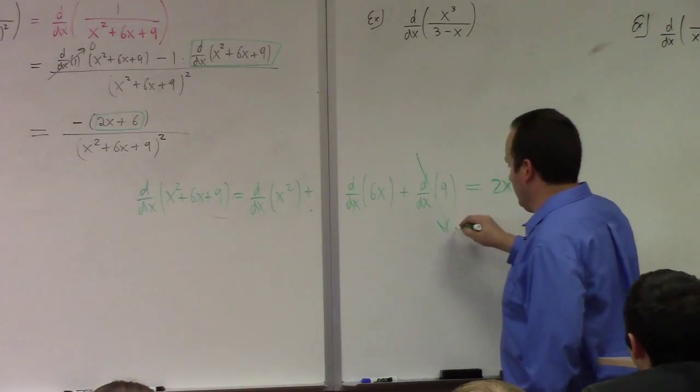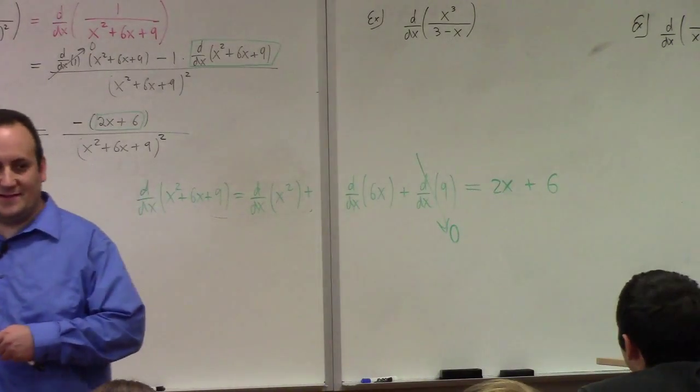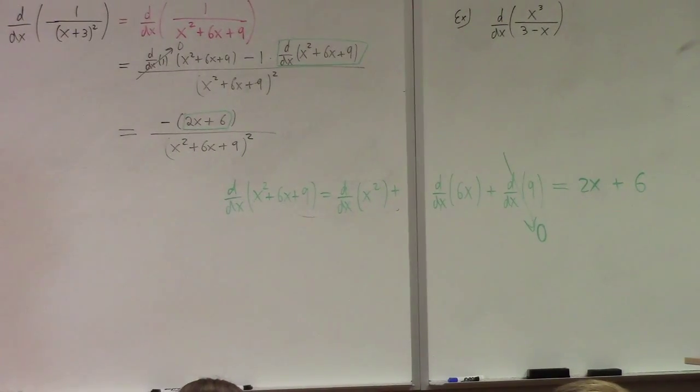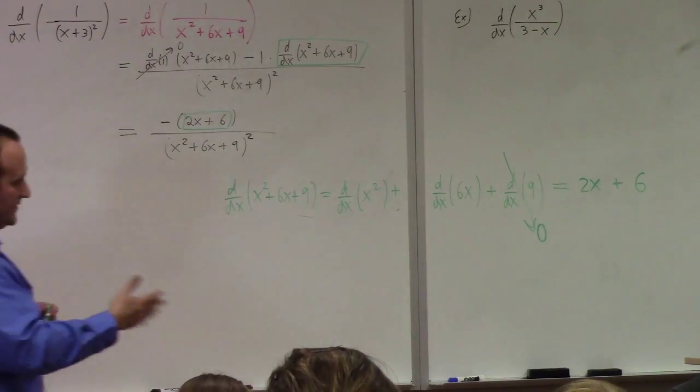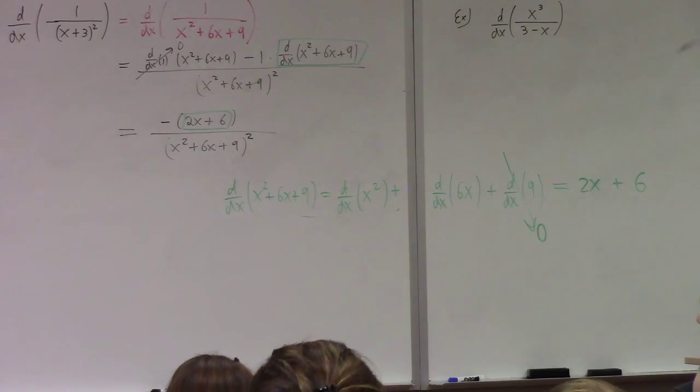Because this is 0, of course. It is a constant, so if we differentiate a number, it's 0. Numbers do not change. So when we differentiate a number, it goes to 0.